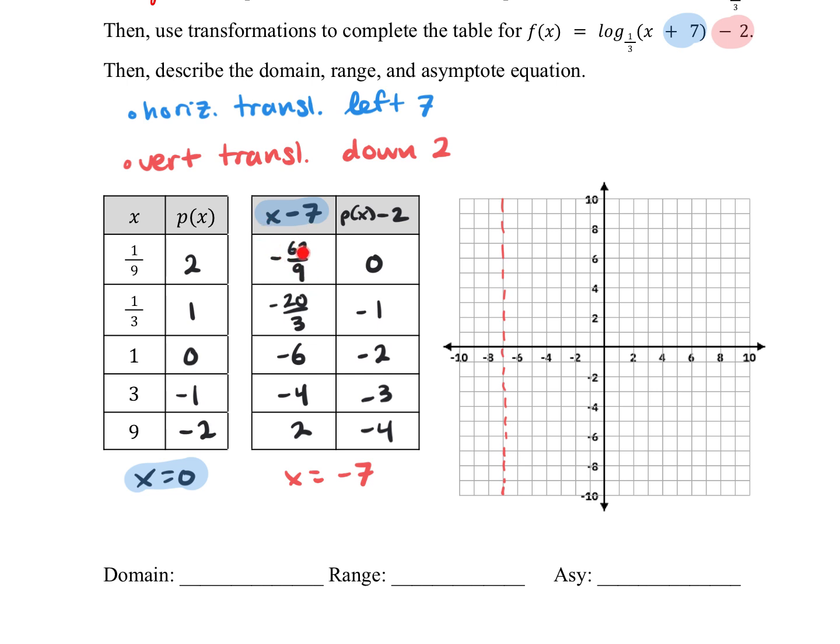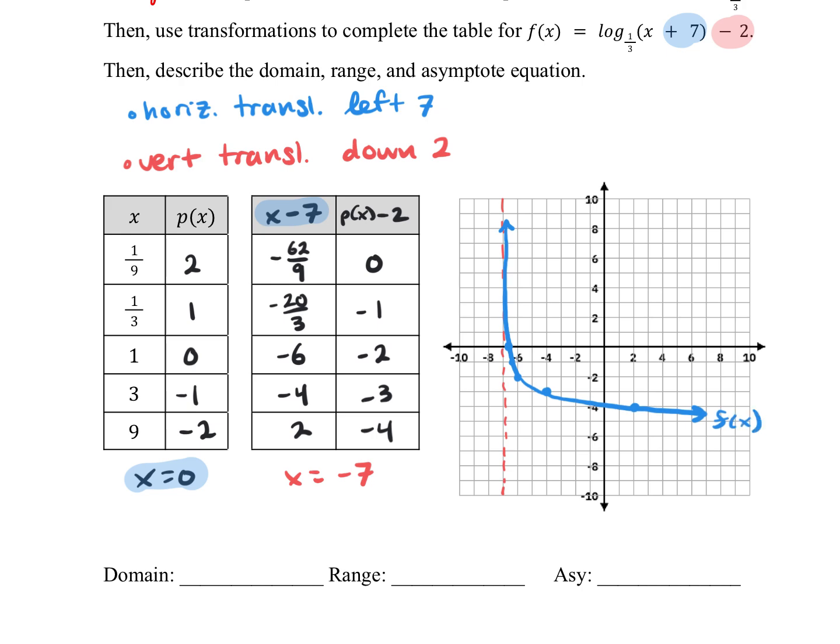All right, let's plot these points. So negative 62/9 is about negative 6.8. So we'll estimate where that is, so right around here. Then we have about negative 6.6, negative 1. We have negative 6, negative 2, negative 4, negative 3, and 2, negative 4. And then if we know that our graph is going to travel along our asymptote, I can connect my points accordingly.